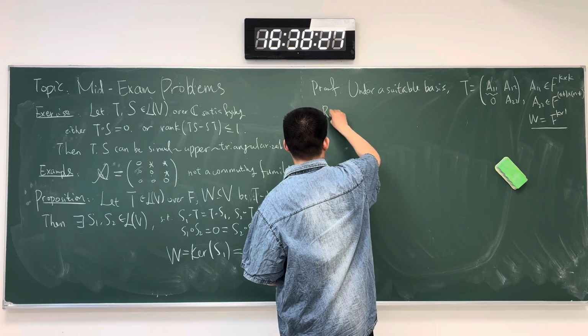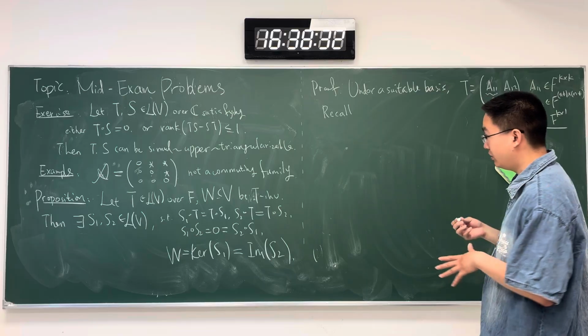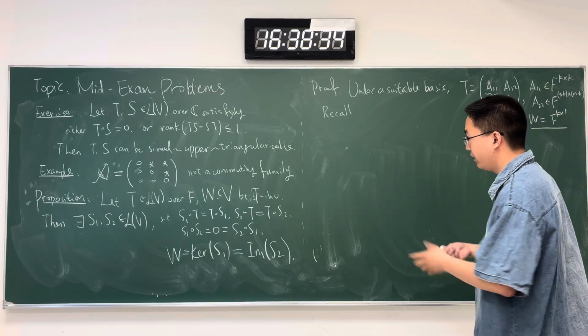So let's recall the known result that any matrix is similar to its transpose over any field.